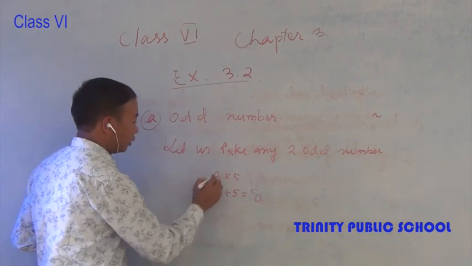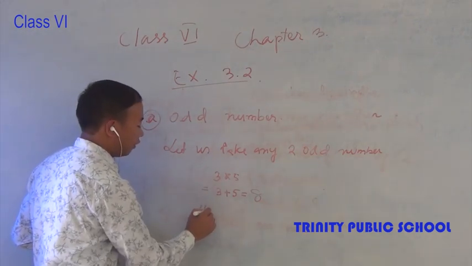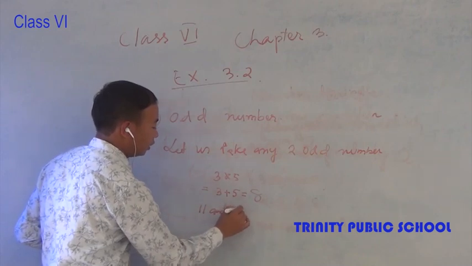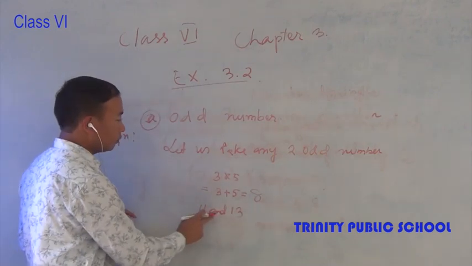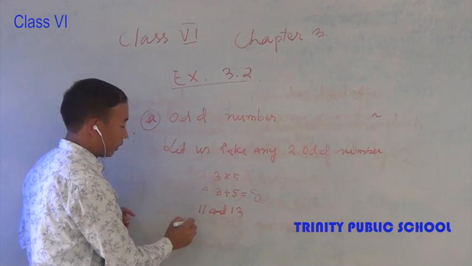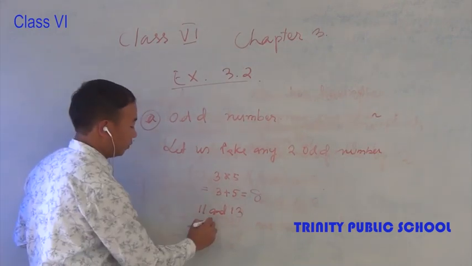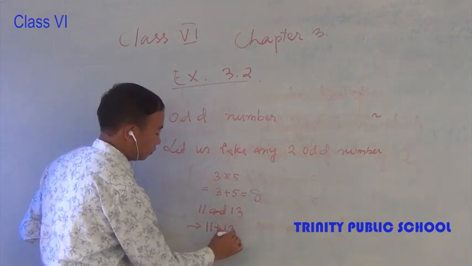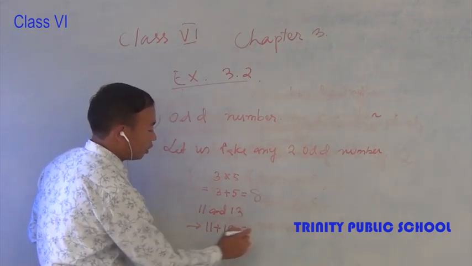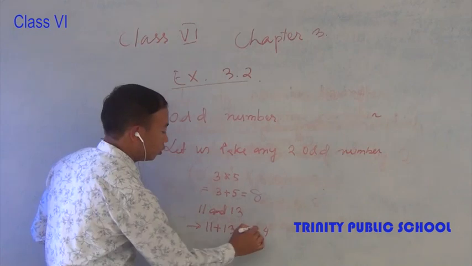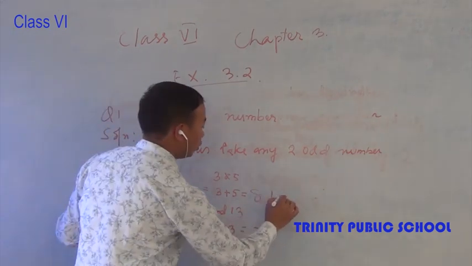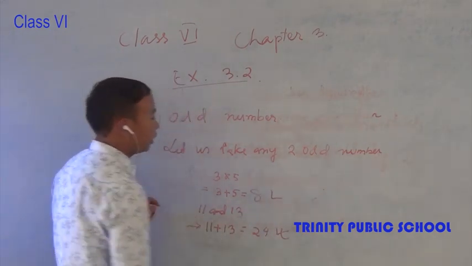Another example, 11 and 13. They are odd numbers. Let's see what the sum of these two odd numbers is. 11 plus 13 is 24: 3 plus 1 is 4, 1 plus 1 is 2. Here also an even number.